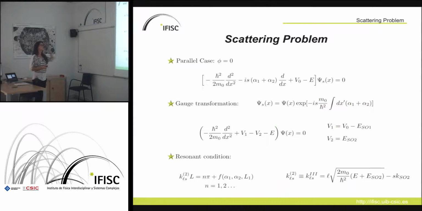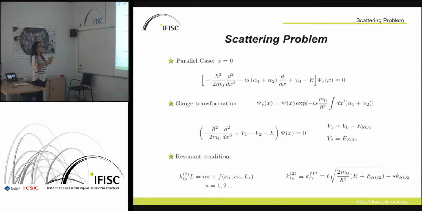Then what we observe is that in the parallel case, our system is simpler, because in this case the Rashba field polarizes the electrons parallel in all the system, and then if we project the Schrödinger equation on a spin channel along the direction minus y, we obtain this equation.